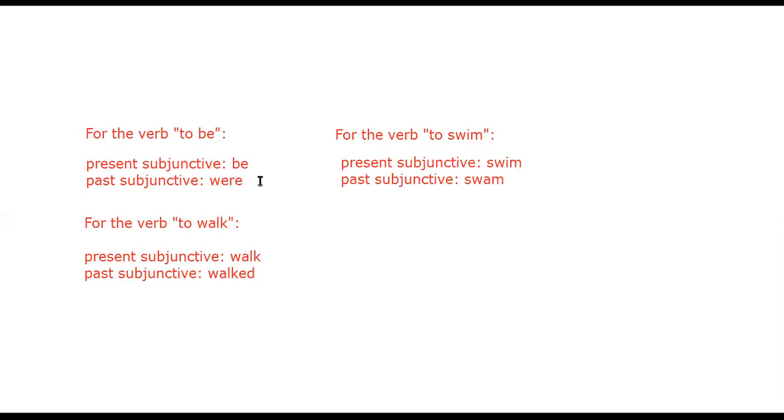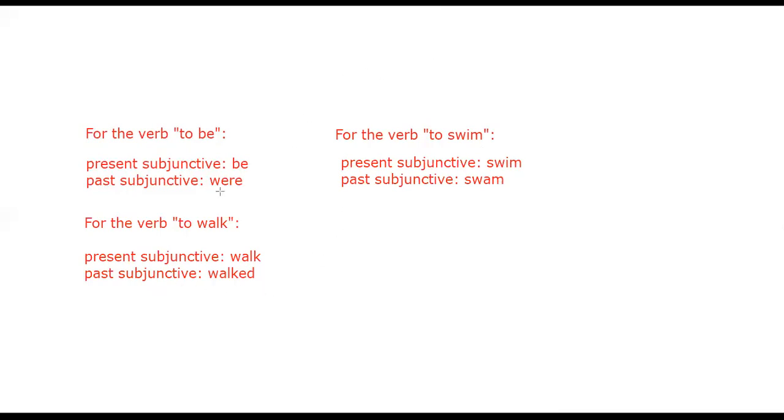You just use the third person plural for really all the verbs, but for were, it just happens to be different from the others. And for to swim, again, you use the base form and then the third person plural. But for past subjunctive, it's the same as the past indicative in most cases, except for were. So were is a special case.